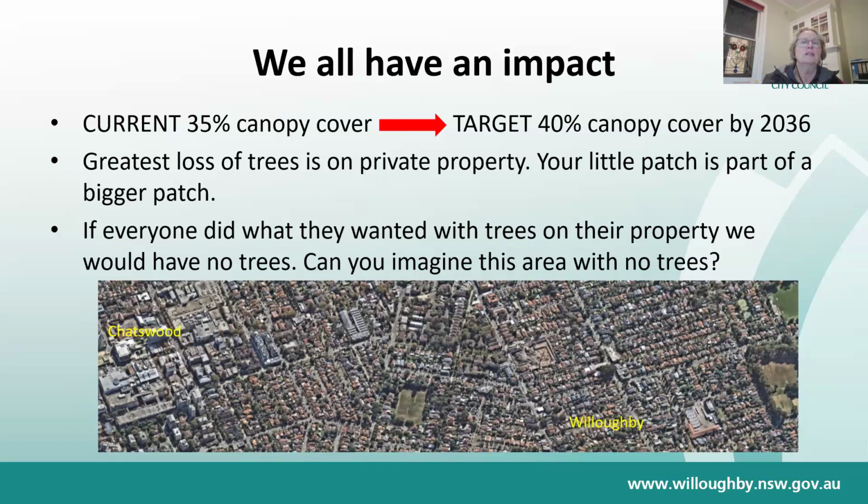There's a lot of trees that need to go into people's properties. And the target is set by the state government. And the greatest loss of trees that we have in any LGA across Sydney in particular, and probably across Australia, is within private property.